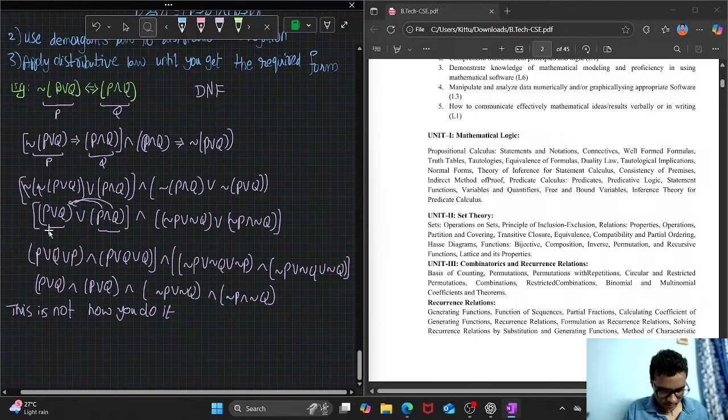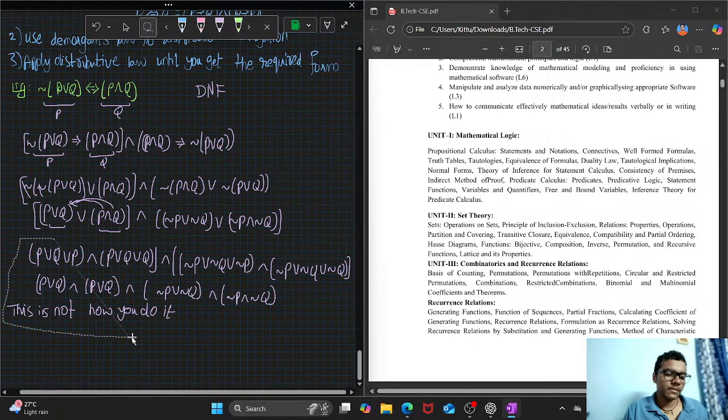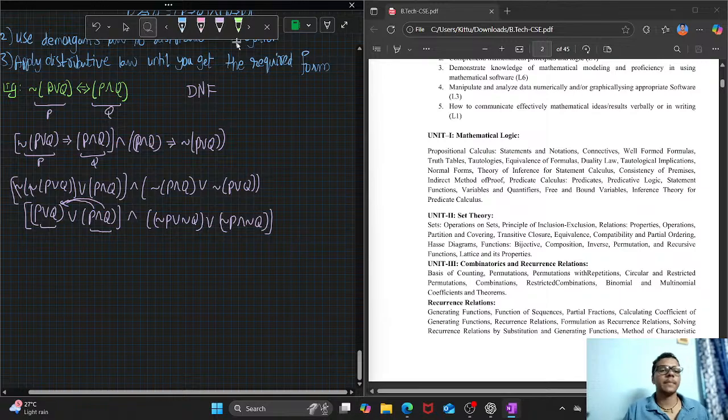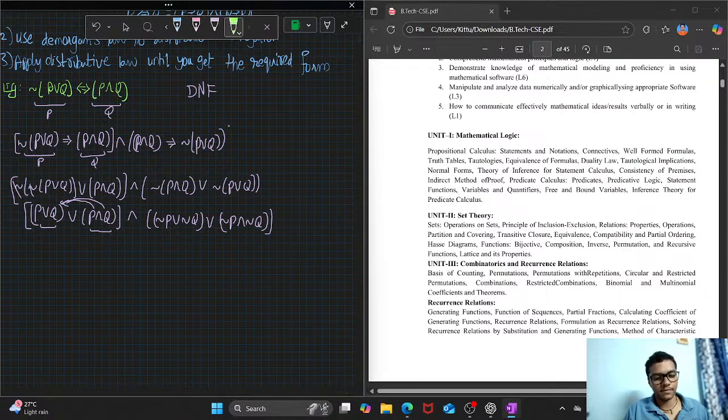Right. P or Q, or P and Q, and negation of P or negation of Q, or negation of P and negation of Q. So this last step is how you do it for a CNF.